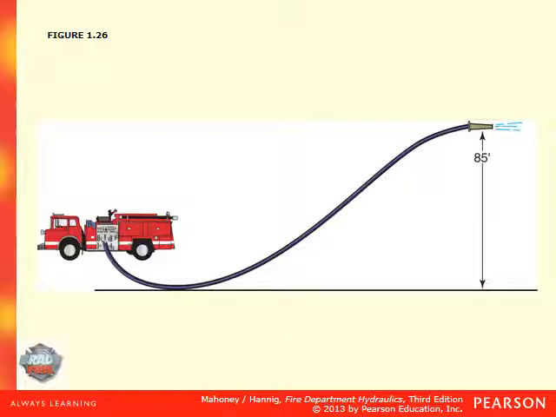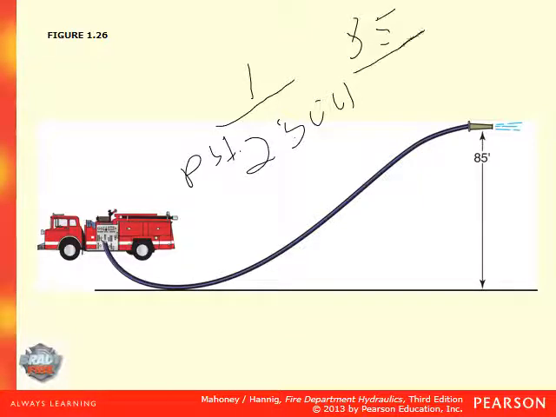Now let's figure out how much back pressure it's going to create at 85 feet above the pump. We know 1 foot gives us 2.304 pounds per square inch. This is 85 feet above, and this is going to create back pressure because it's higher.